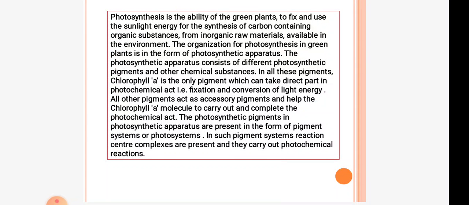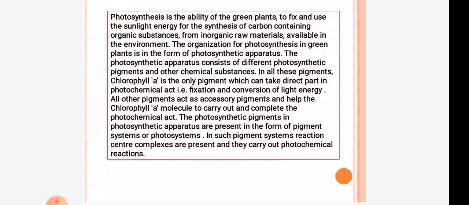All other pigments act as accessory pigments and help the chlorophyll A molecule to carry out and complete the photochemical act. The photosynthetic pigments in photosynthetic apparatus are present in form of pigment systems or photosystems.